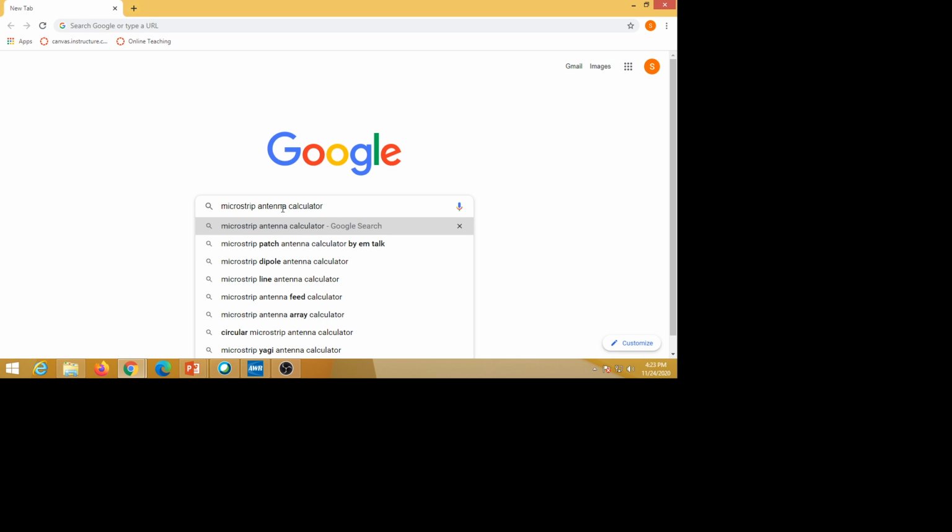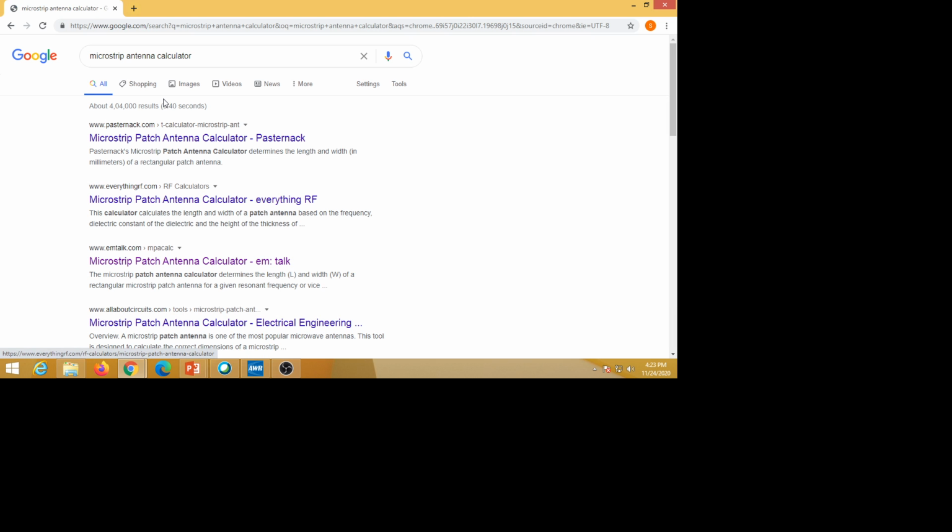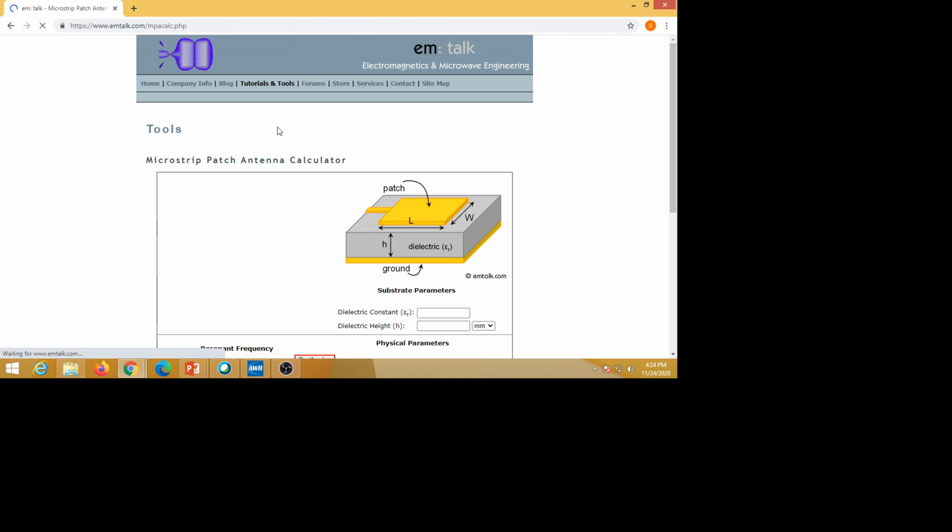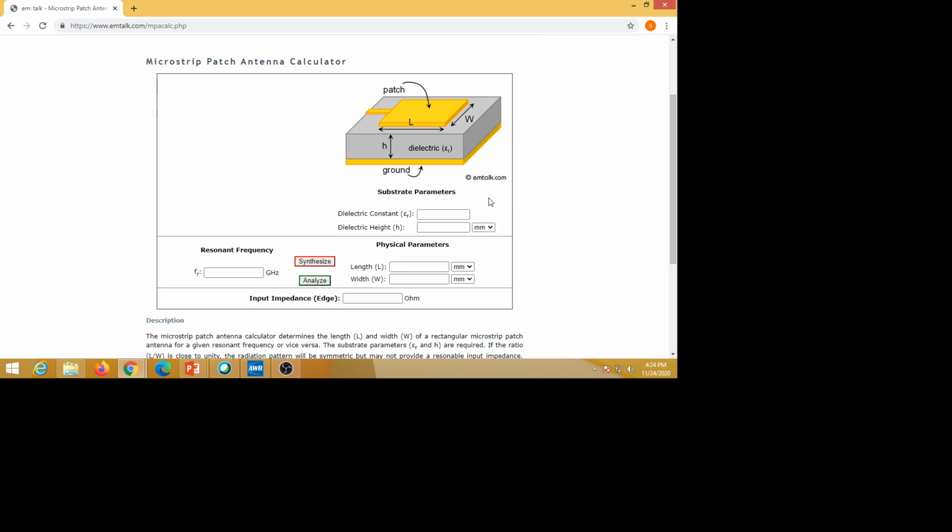So you should take the microstrip antenna calculator. In it, you go to the microstrip patch antenna EM calculator. This will be available here. This is not a microstrip line calculator, it is a microstrip patch antenna calculator.